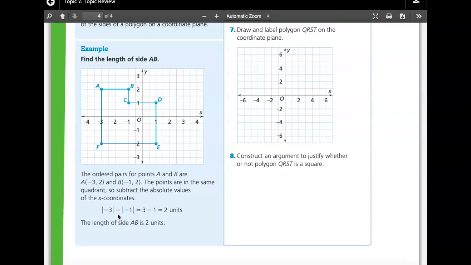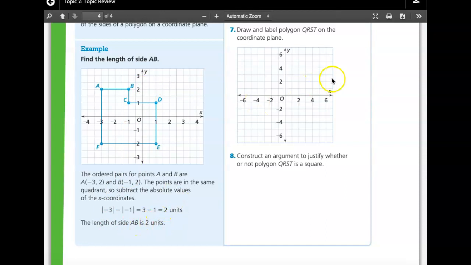See, I'm telling you, this is really late. So absolute value of -3, which is here, and the absolute value of -1 is here, because they are on the same y, it's in 2. So 3 minus 1 is 2, and that was the distance for AB.